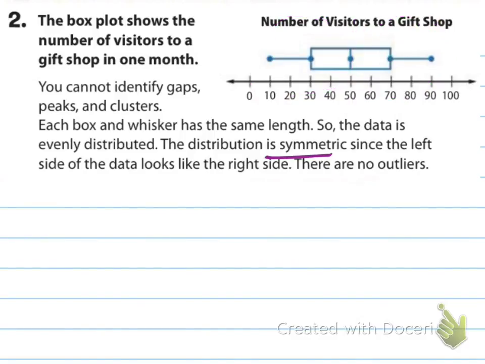So we can say that it's evenly distributed, but we can't say if we have outliers, they would show with a little asterisk. Remember that? So we would know about an outlier, so there is no outlier here, but we don't know about gaps and peaks and clusters because everything is just really evenly spread out, and they don't give us information on which one had the most.